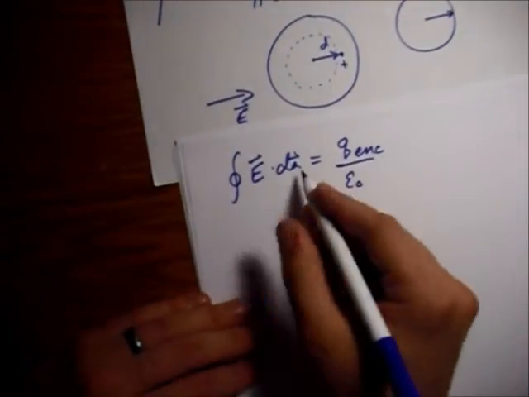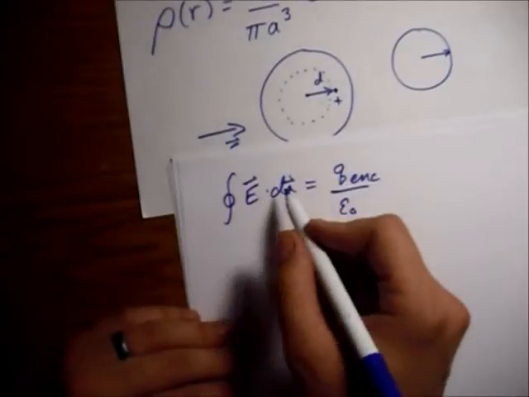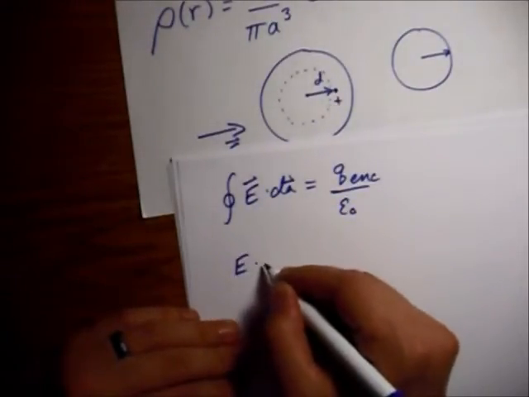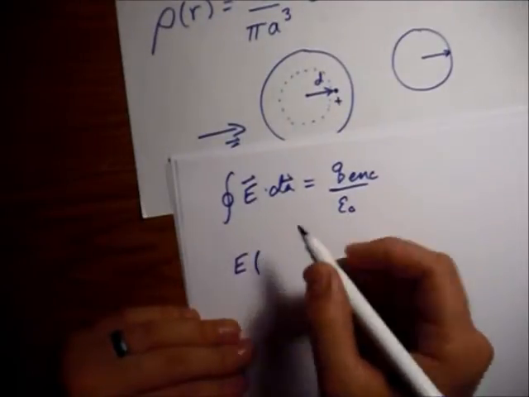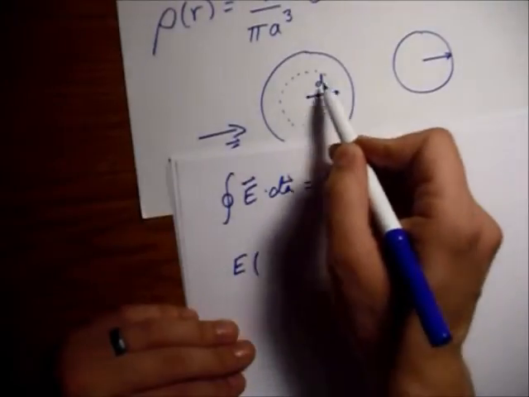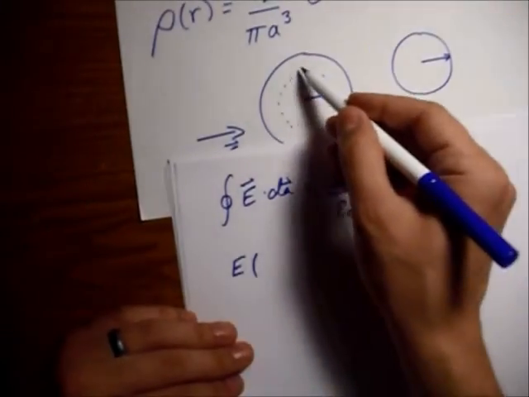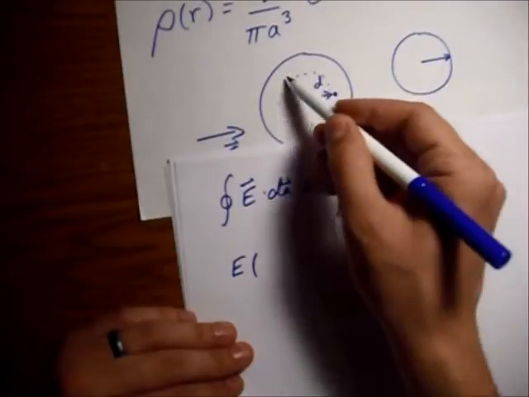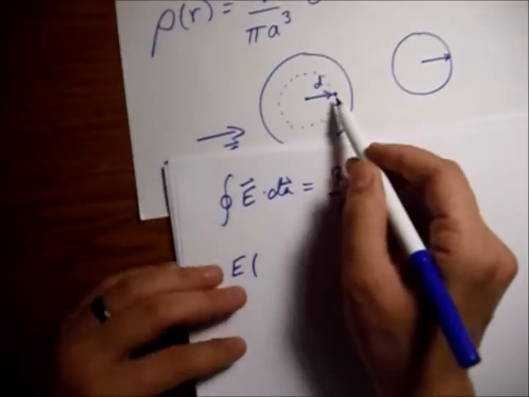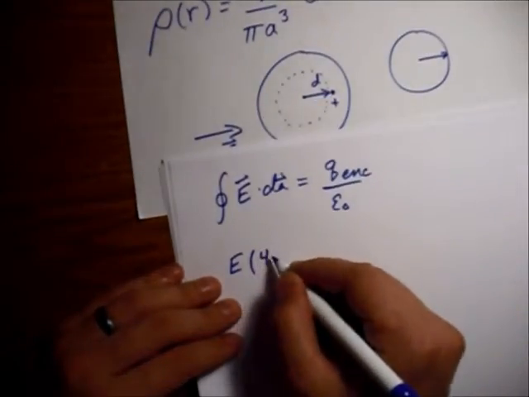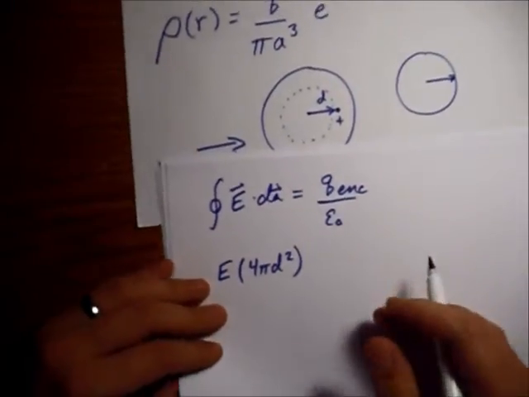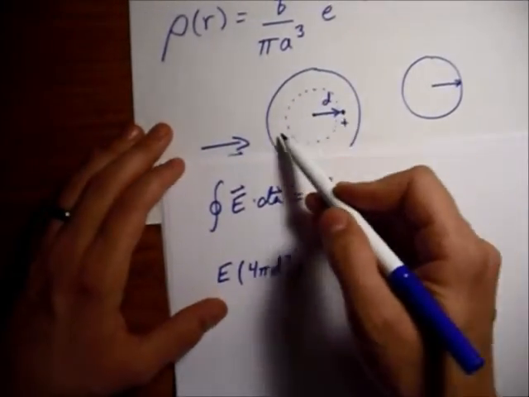In this case, we're integrating E dot dA over the surface of this Gaussian surface in here. That's a radius of d, so this is 4 pi d squared. That's just the surface area of this Gaussian surface.